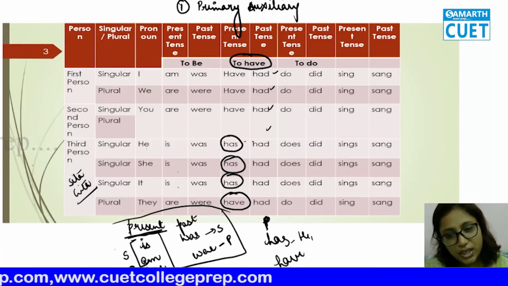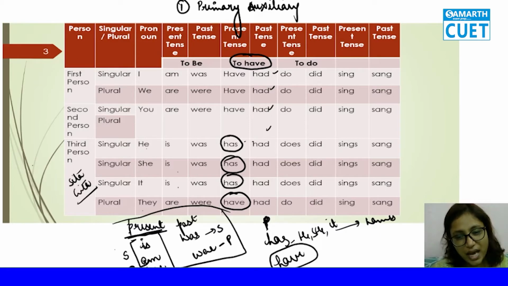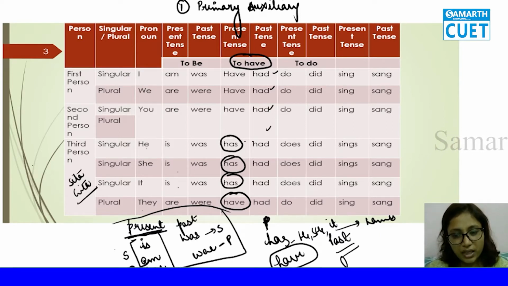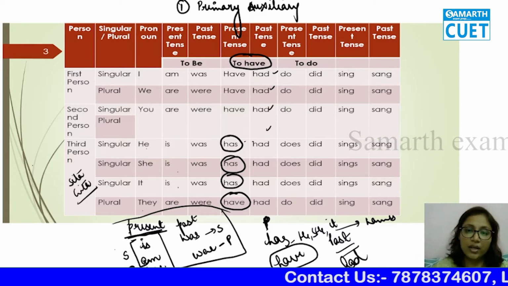Except he, she, it and the names, everything is going to take have. And in past, every person is going to take had. Singular, plural, first person, second person, third person, always the had form.